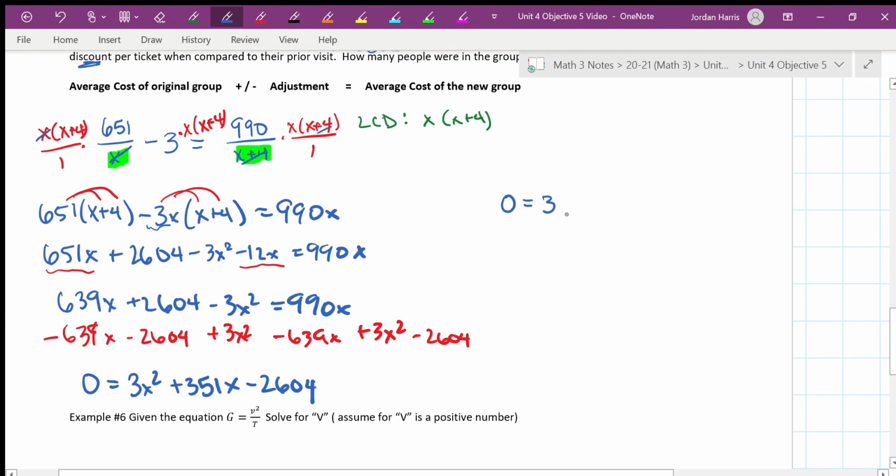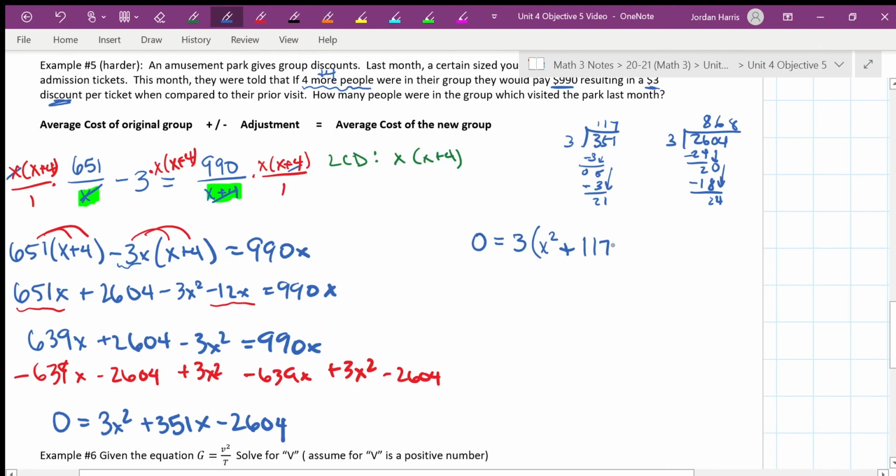So x squared, 117x, and 868 when I divided by 3. 351 divided by 3 and 2,604 divided by 3. This last one's negative, by the way. Negative 868.